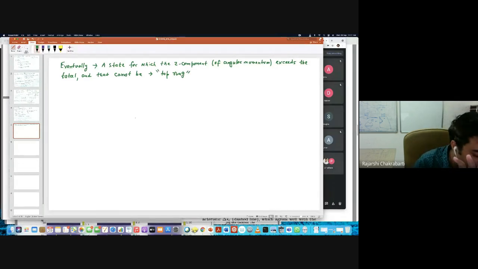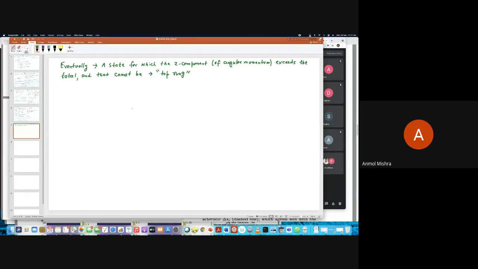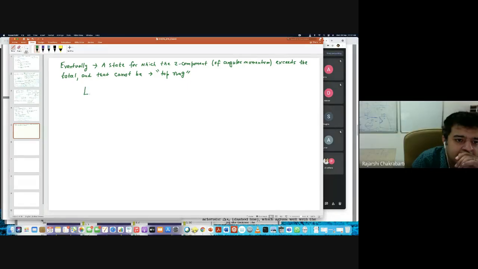So what does it mean? Can anyone tell me mathematically what does it mean? Mathematically it means that if I operate L plus on some state, f t meaning f top, then what is the answer?